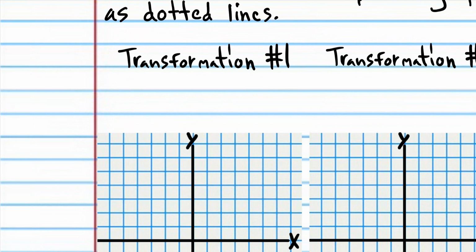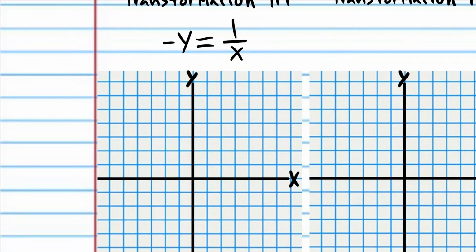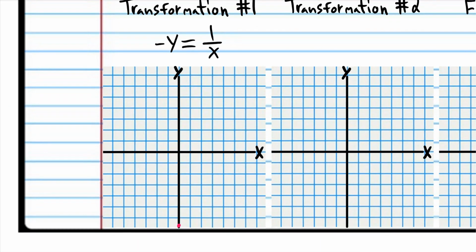So I'm going to start off by writing a negative on y. That doesn't change the location of the asymptotes. But it reflects all the points across the x-axis. So now my points look like so.